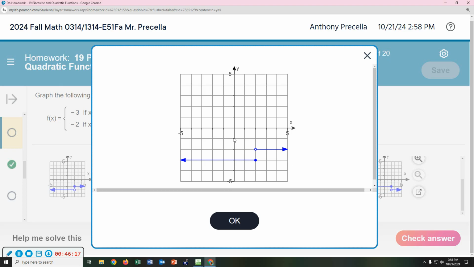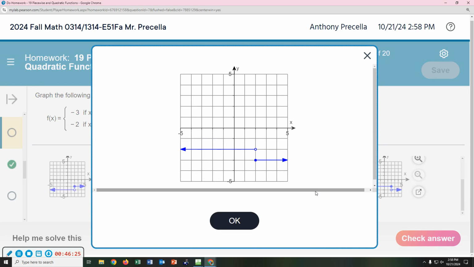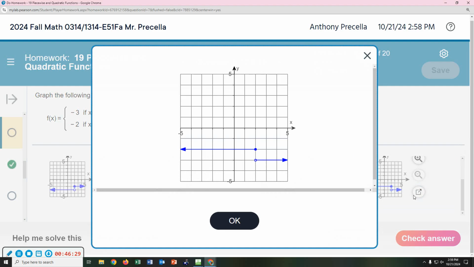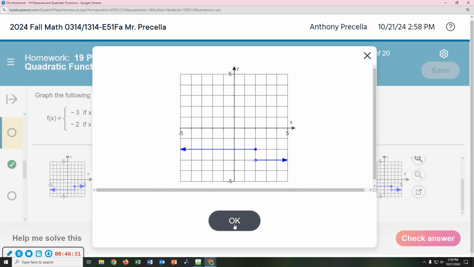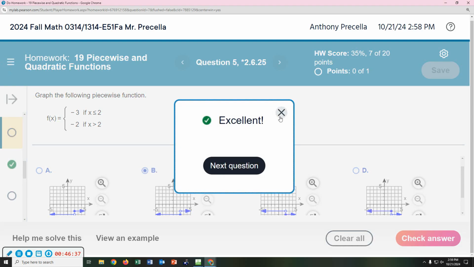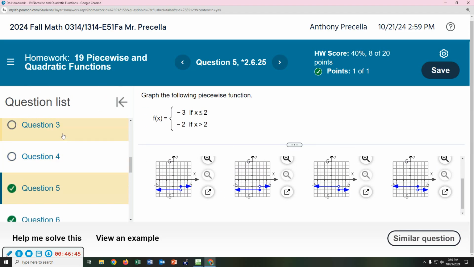Each unit is 1. 1, 2, 3. 1, 2. I'm thinking it's B, but just knock out C and D. Clearly not C. And clearly not D. So y'all agree with response B? Okay. Any questions there? Number 3.